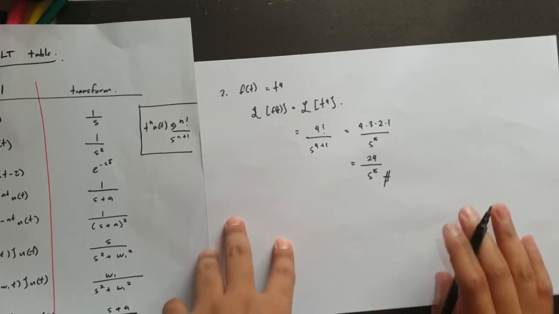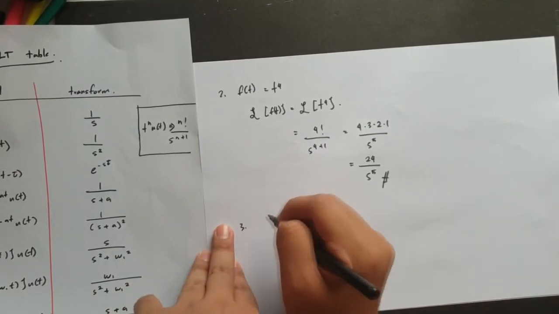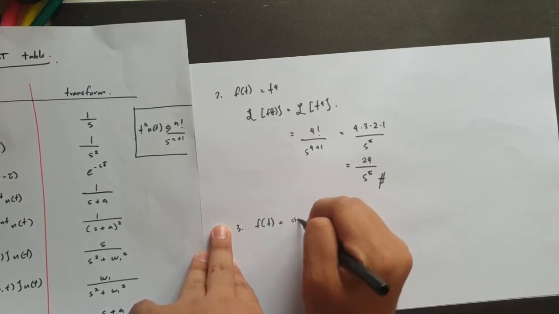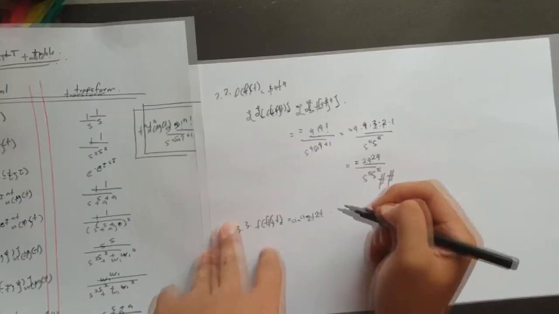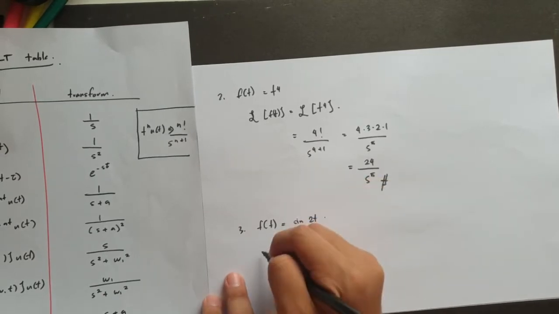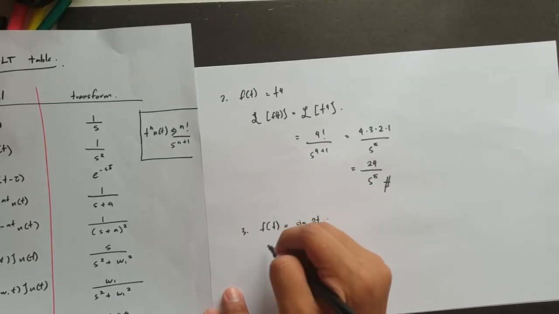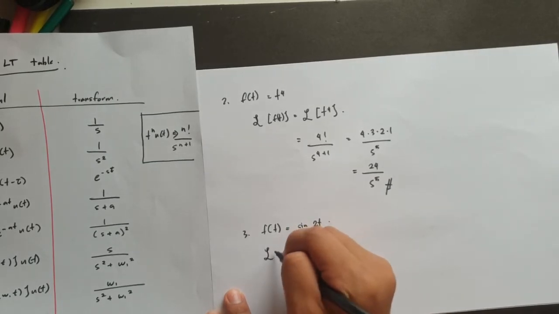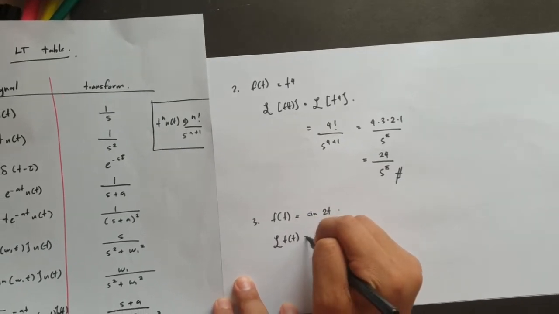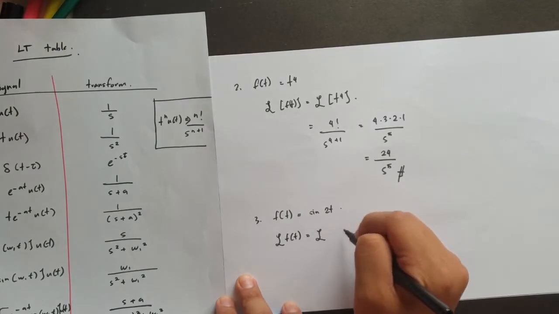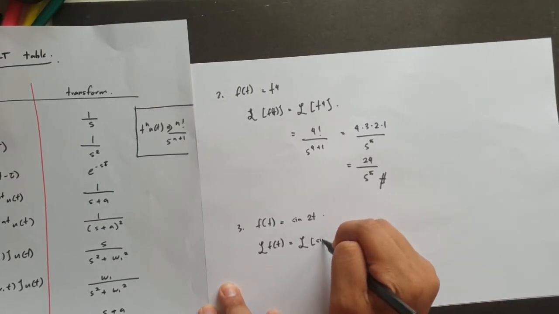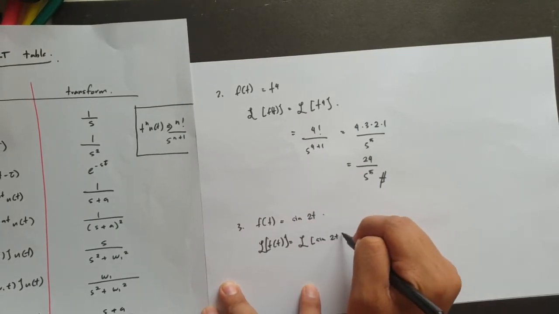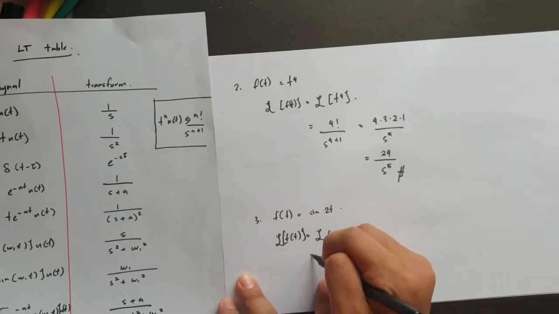For the third question, we have f(t) equal to sin 2t. So here we want to transform: Laplace of f(t) equals Laplace of sin 2t.